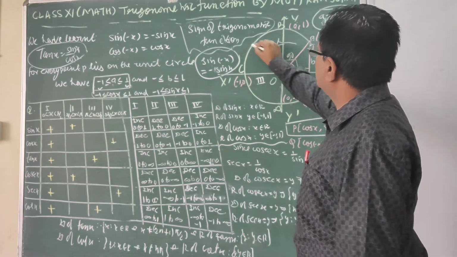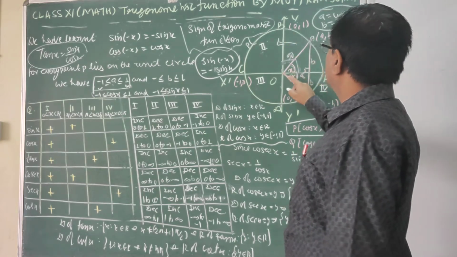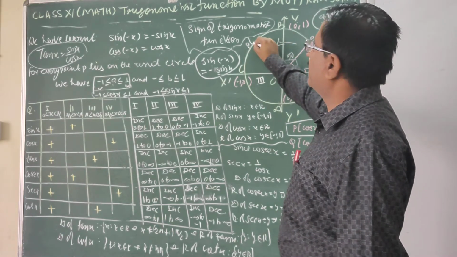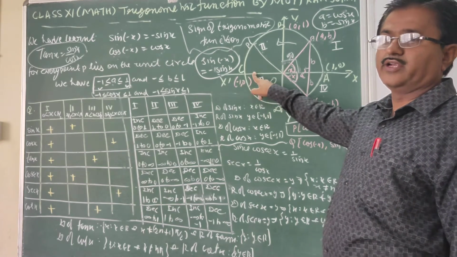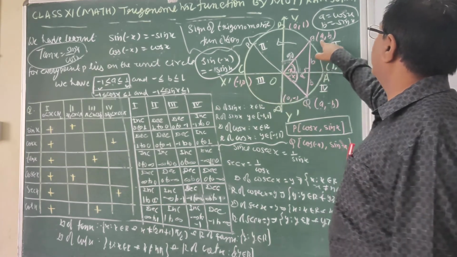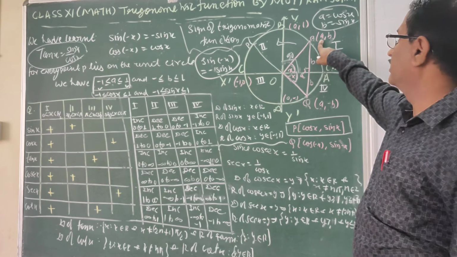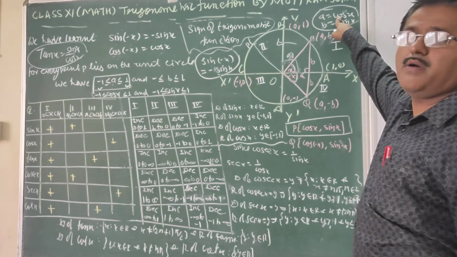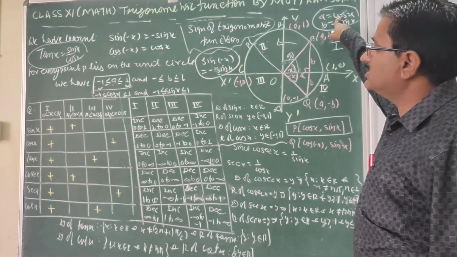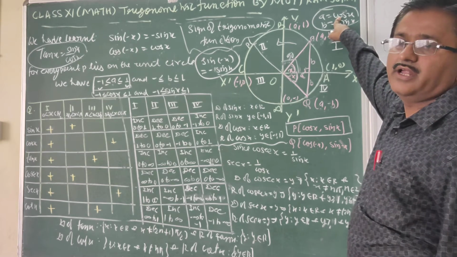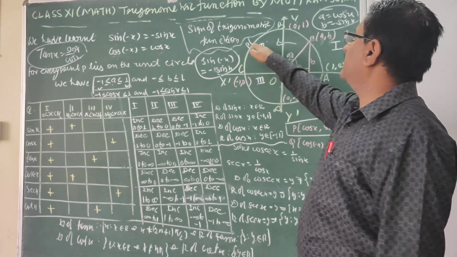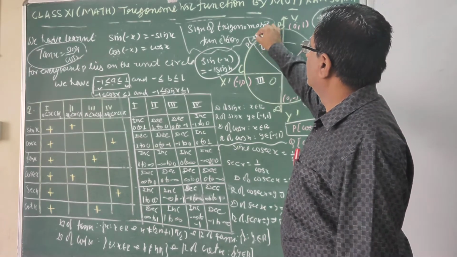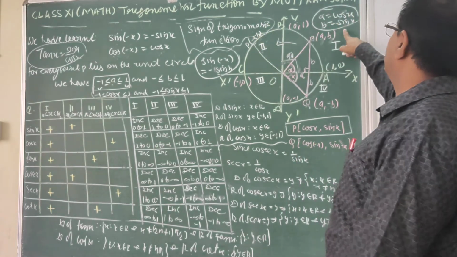Now we move to the second quadrant. Suppose point P is here. So you can say in the second quadrant, the value of x is negative. X coordinate negative means A is negative, and A is the value of cos x. So in the second quadrant, cos is negative. But B, that is the y coordinate, is positive here. Y is positive, and B means sin x.